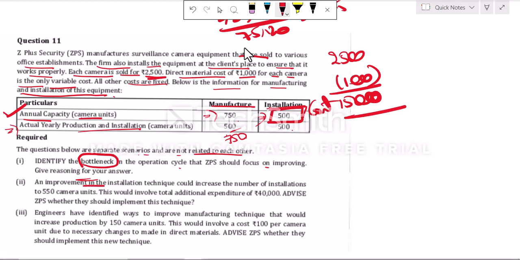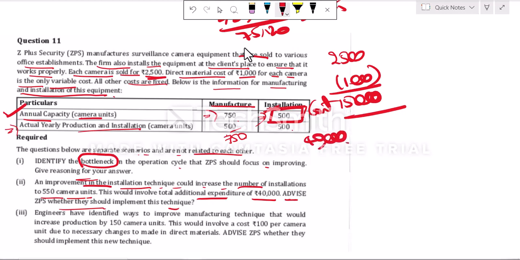An improvement in the installation technique would increase the number of installations to 550 camera units. This would involve additional expenditure of 40,000. Advise ZPS whether they should implement this technique or not. See what they are telling here: this is the bottleneck resource, and to improve this annual capacity, they need to incur 40,000.